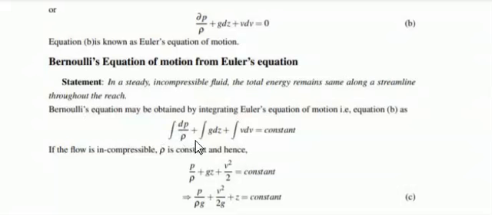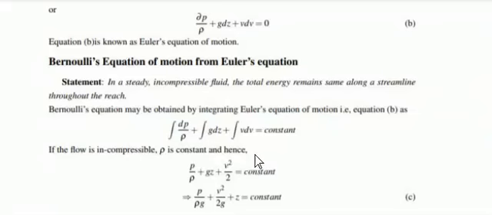Now integrating this: dP by rho plus g dz plus v dv equals constant. If the flow is incompressible, then density is constant.